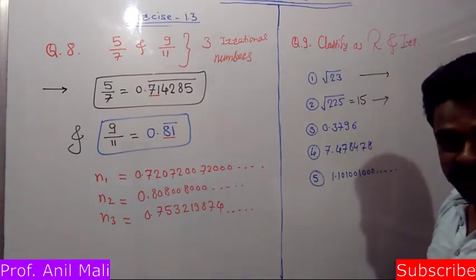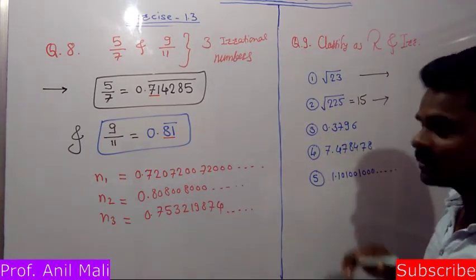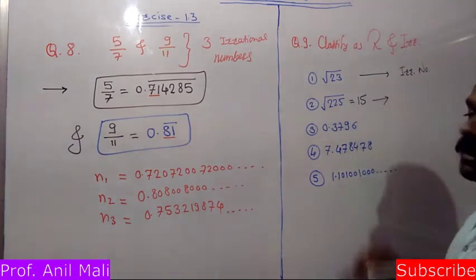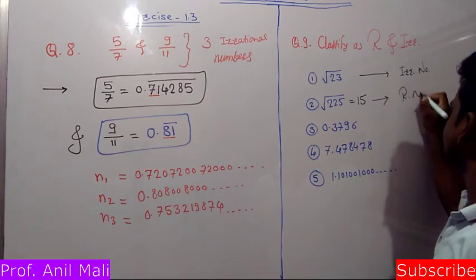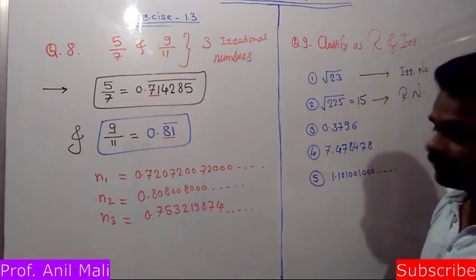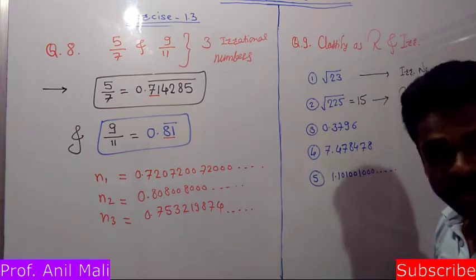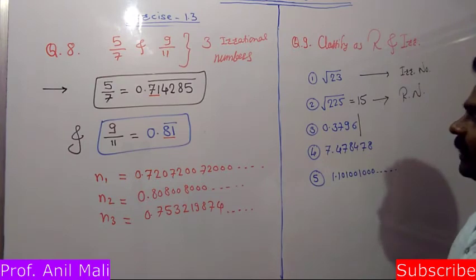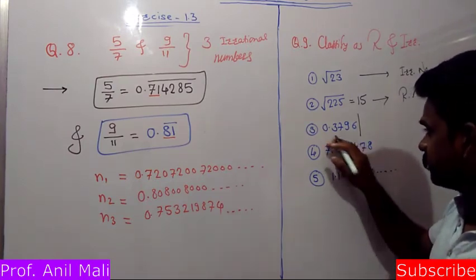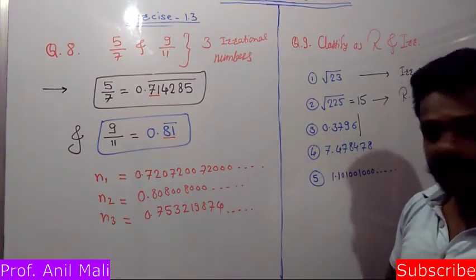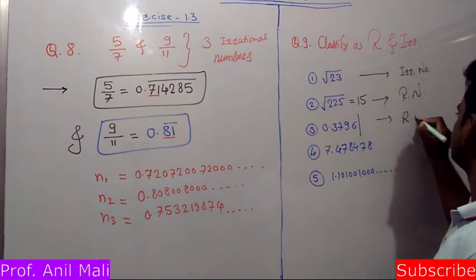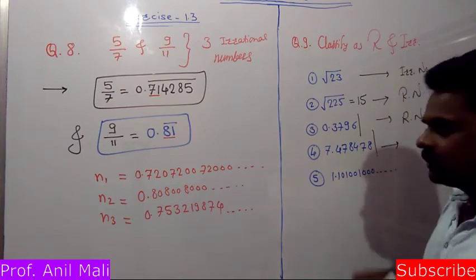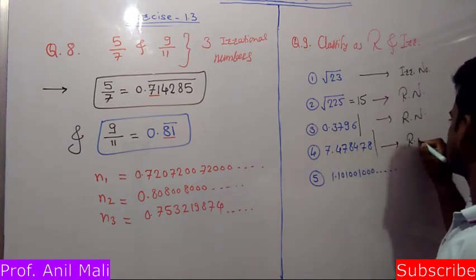I told you the correct thing, but while writing I made a mistake. So this is a rational number because the term inside the square root is a complete square of 15. Then this one is terminating, and if the decimal form of any number is terminating, then that is obviously a rational number. This is also terminating, it ended, that's why it is also a rational number.